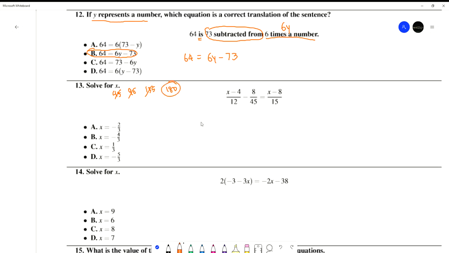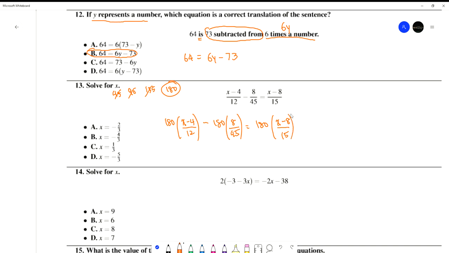Okay? So I multiply each of these terms by the LCD. So I get 180 times x minus 4 over 12, right? And then minus 180 times 8 over 45 is equal to 180 times x minus 8 over 15.